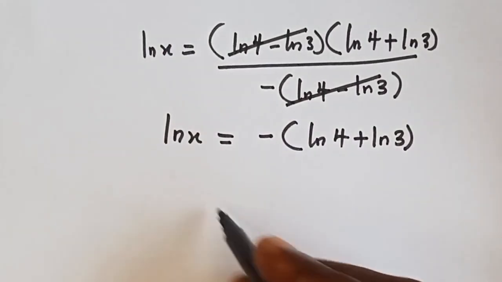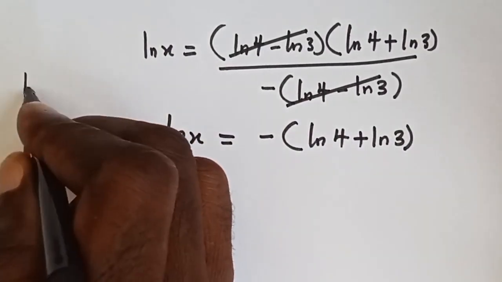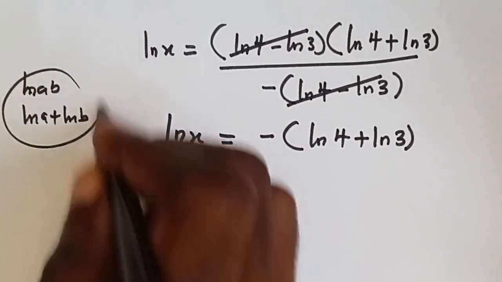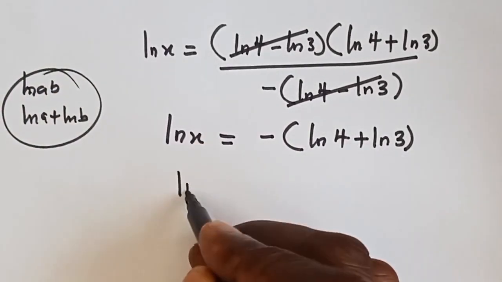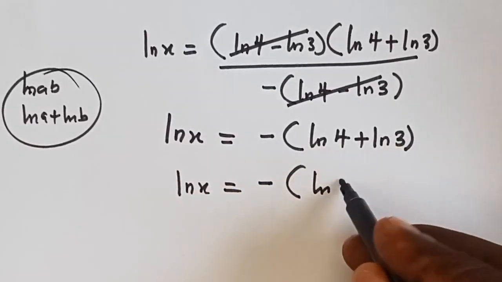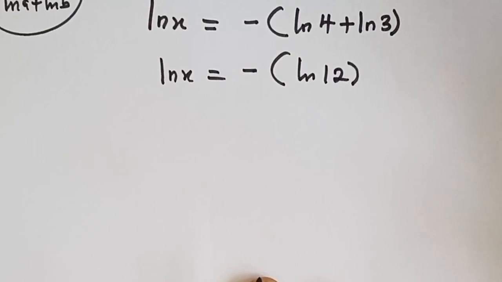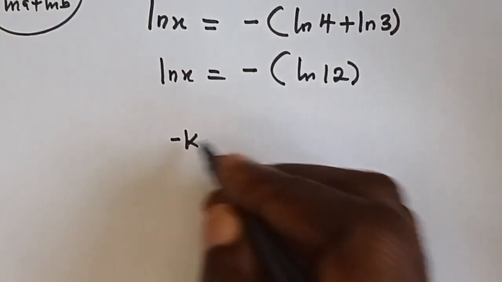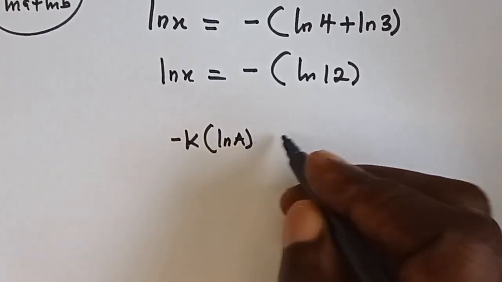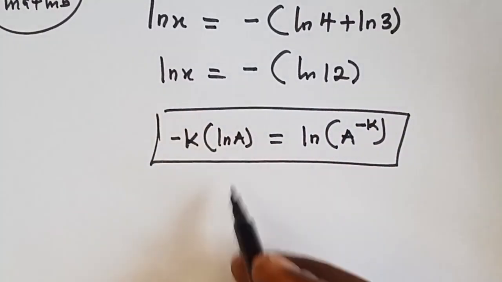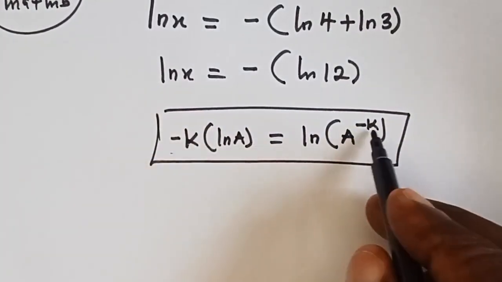Now remember that one of the laws says if we have ln a plus ln b, it becomes ln ab. That is what we are applying here. So that becomes minus ln of 4 times 3, which is 12. Also we are going to apply this: if you have minus k ln a, it will give you ln a raised to power minus k. So this minus k becomes the power.